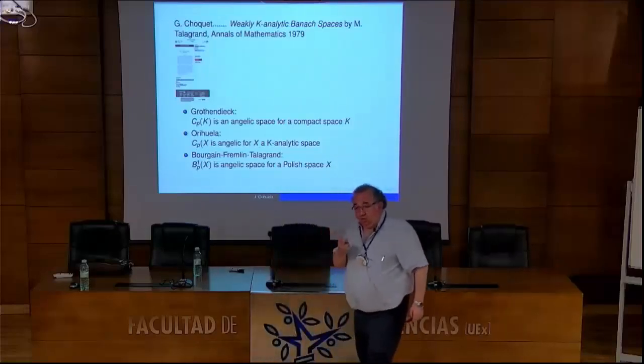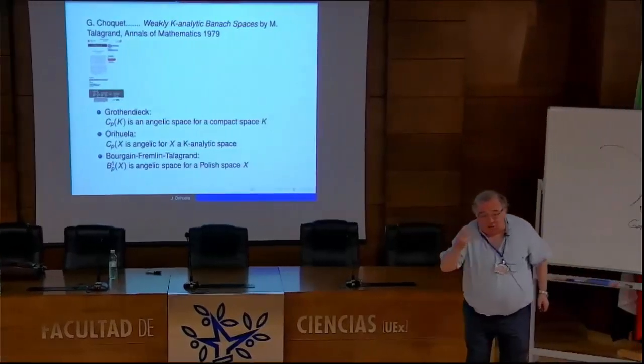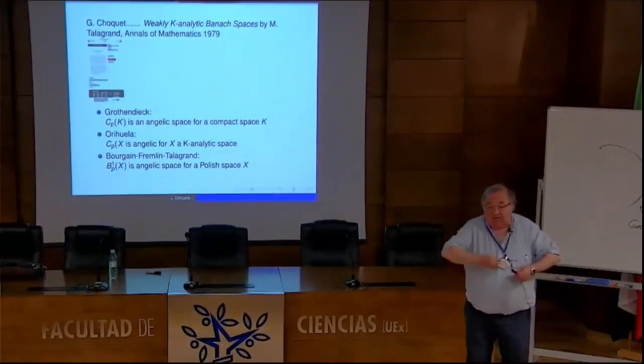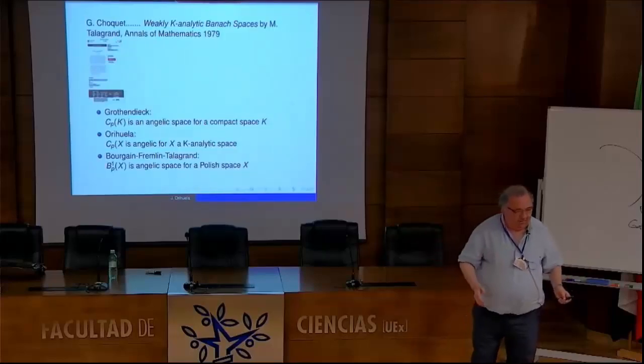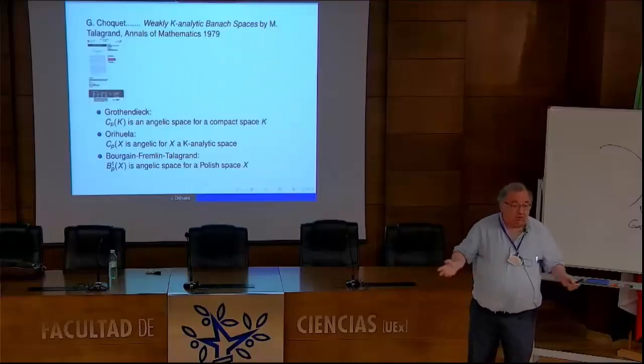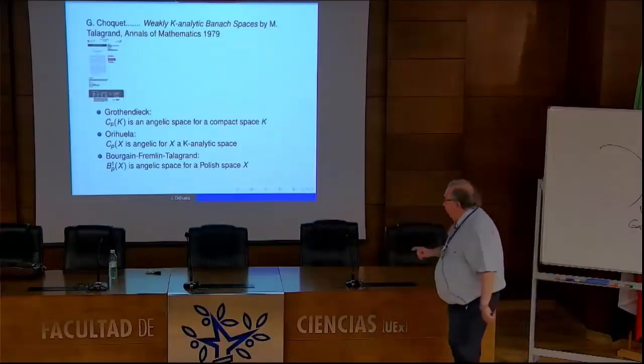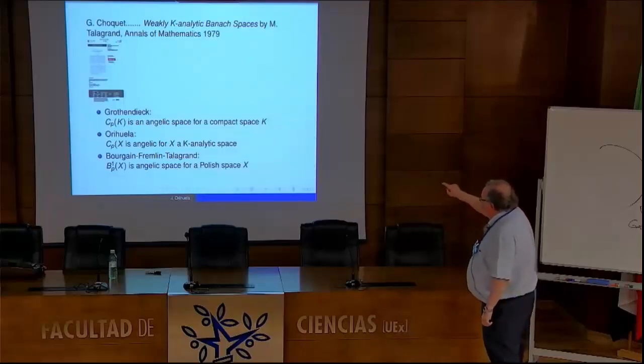So there are two remarkable properties. Somebody, I don't know who, called it angelic. Many people asked me, why angelic? I really don't know, but they call it angelic because of something. So Cp(K) is an angelic space for a compact space.